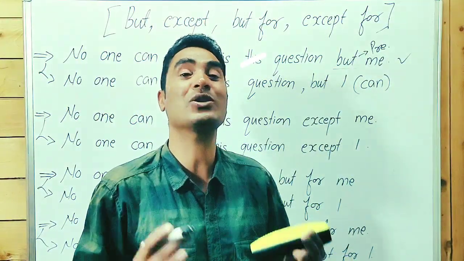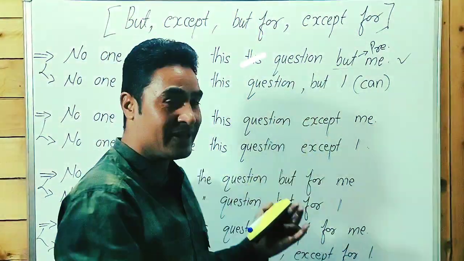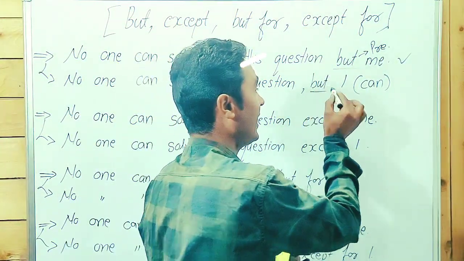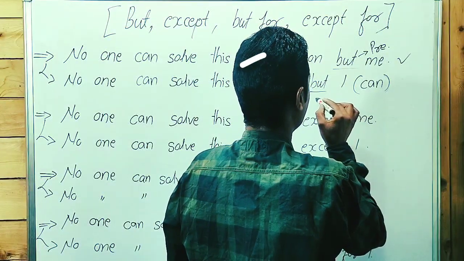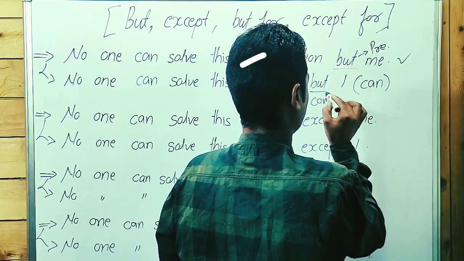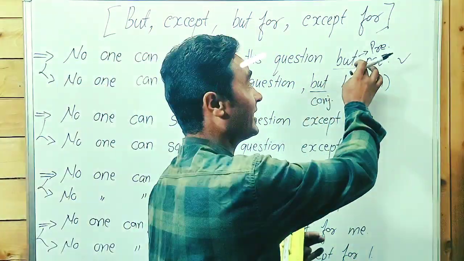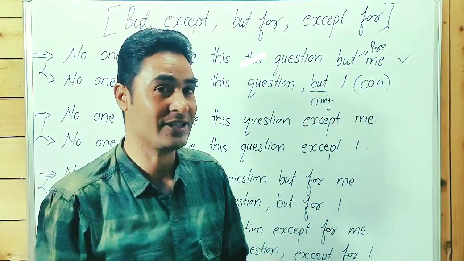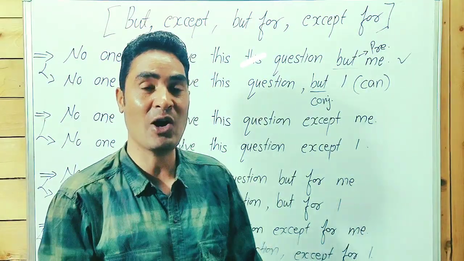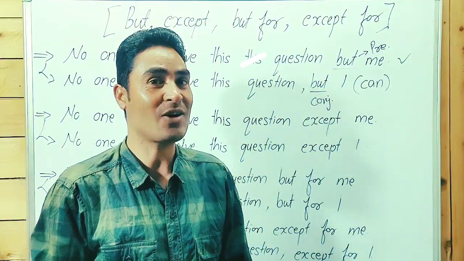As you know, but shows contraction. But me and but I are okay. Here but is a conjunction. Guys, point to be noted. But is used over here as a conjunction, and in the other sentence, but is used as a preposition. After a conjunction, we use the subjective case of the personal pronoun, and after a preposition, we use the objective case of the personal pronoun.